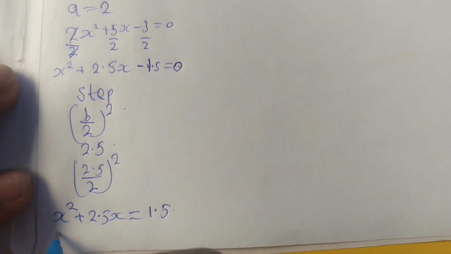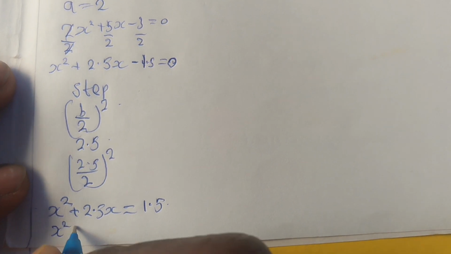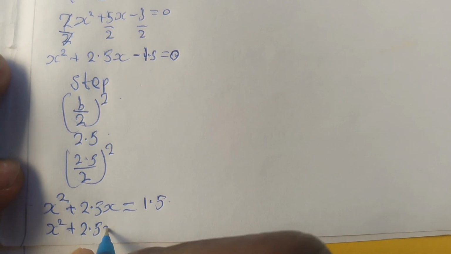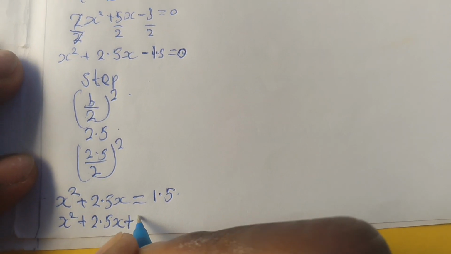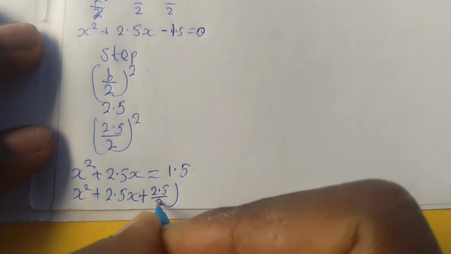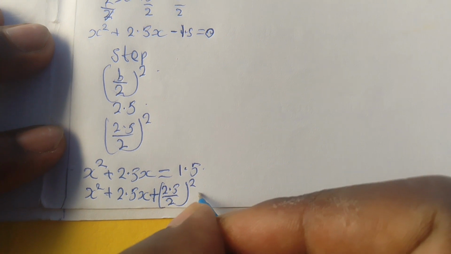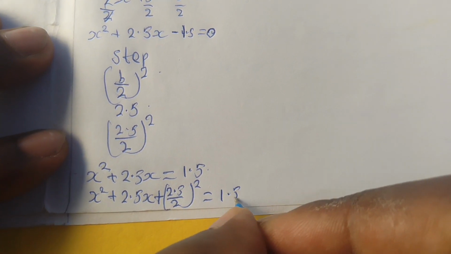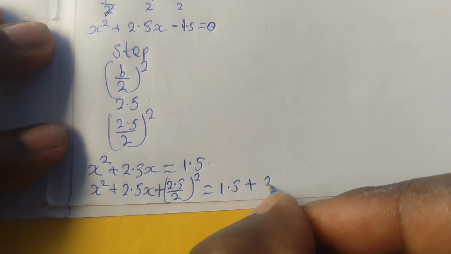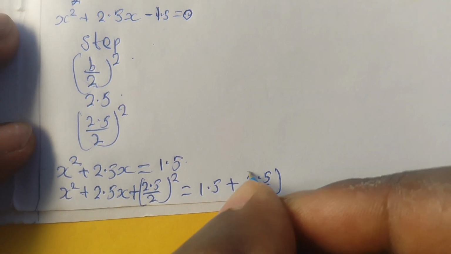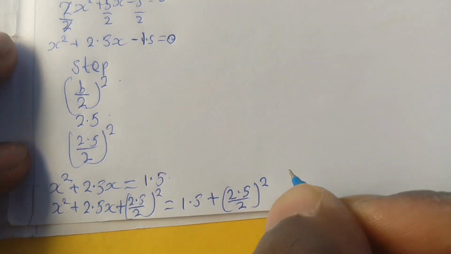That will be x squared plus 2.5x plus (2.5 over 2) squared is equal to 1.5 plus (2.5 over 2) squared.